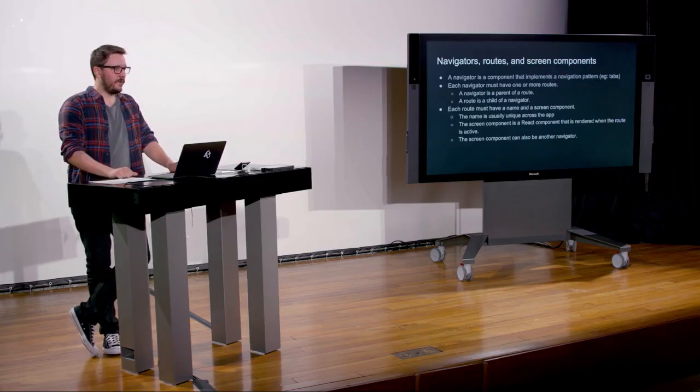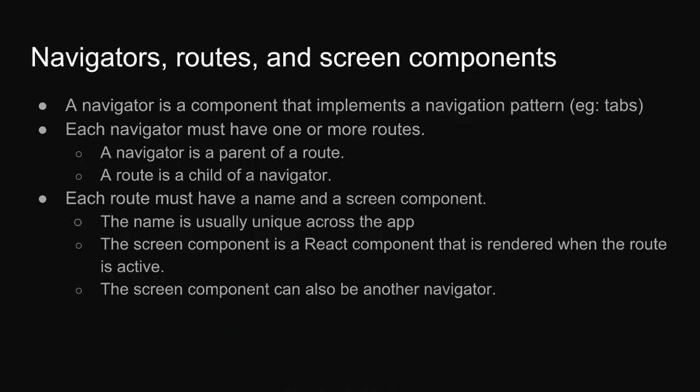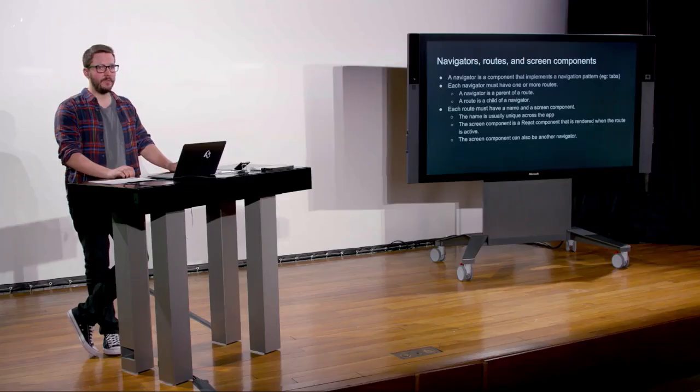So, some key concepts before we really get into the code. I think it's worth clarifying these three big terms in React Navigation. You're going to see these a lot. The first one is navigator, the second one is a route or routes, and then screen components. A navigator is a component that implements a navigation pattern. An example would be in the mobile app that we saw in that video just moments ago.